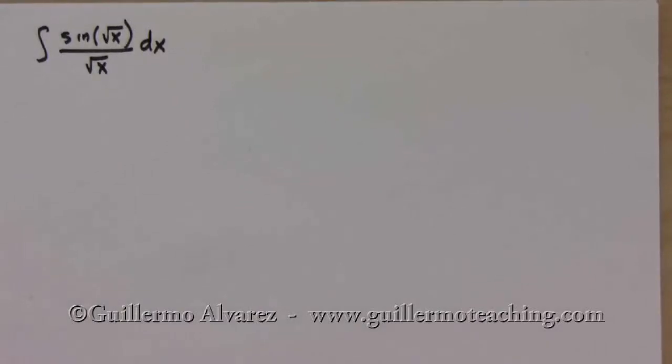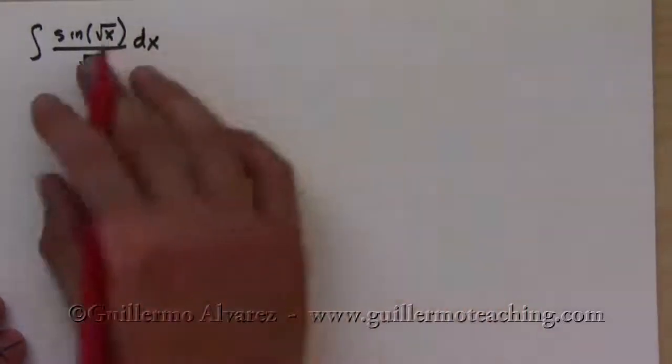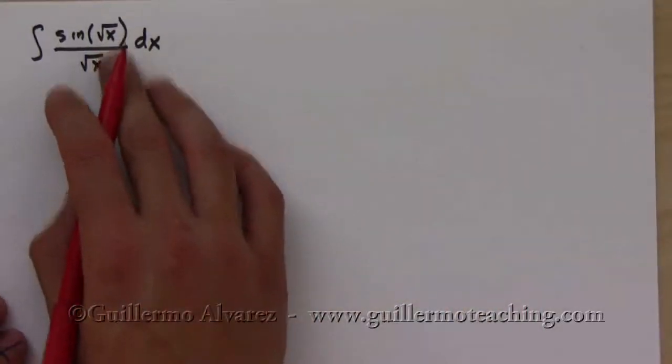Okay, so we look at this guy and we know that we usually let u be the inside function, which would be this square root of x, but the question is, is the derivative of square root of x in here?